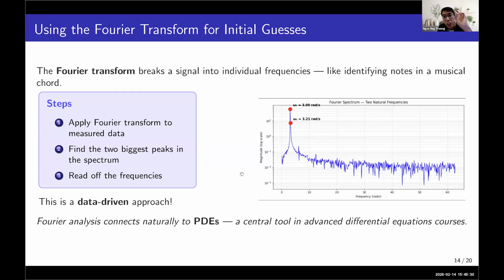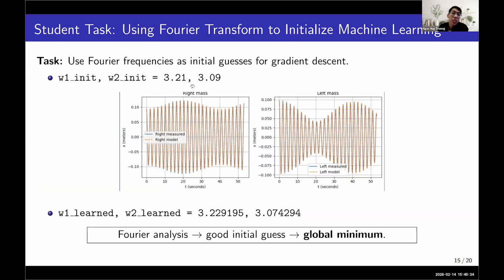All right, so we get two new guesses here. Let's plug them in. Plug in the Fourier frequencies, run it, and see the result. You can see that it works now, right? If you plug in the right numbers, then gradient descent gives you the right answer.